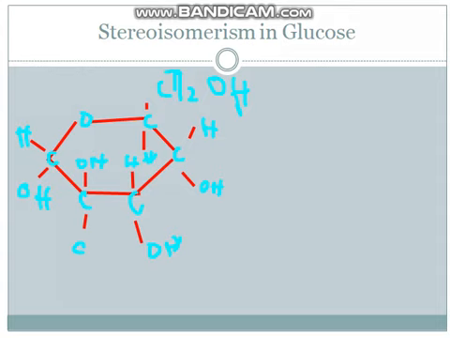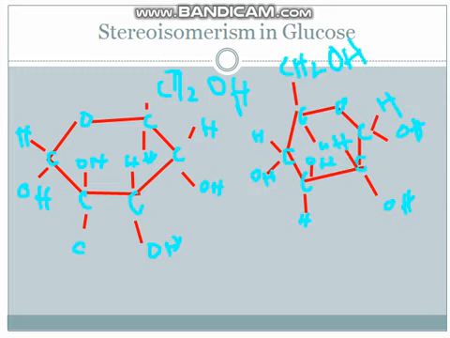If I mirror this, this part goes here and this oxygen goes here, and just like that, it will be the dextrorotatory. I'll draw that too for you, to give you a proper understanding.